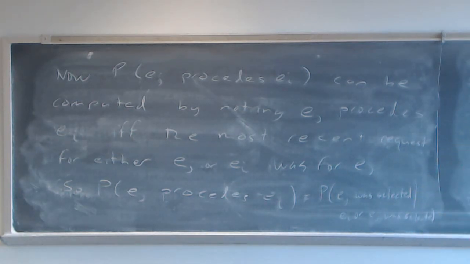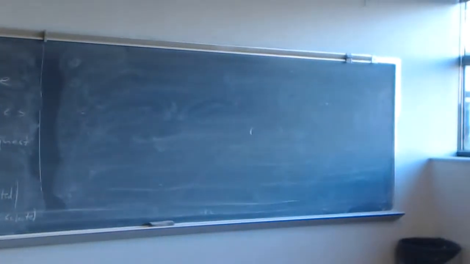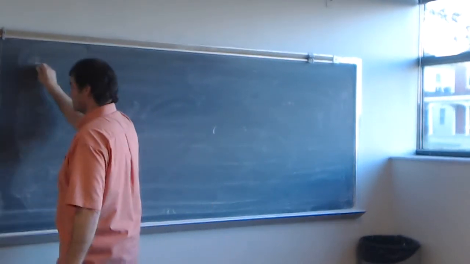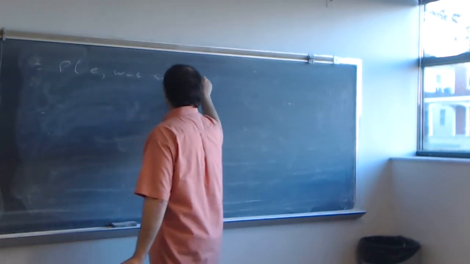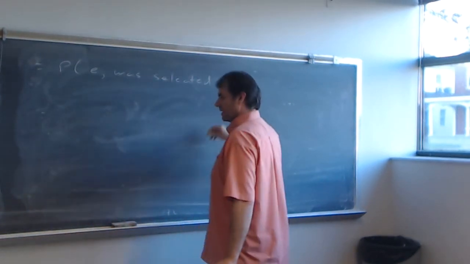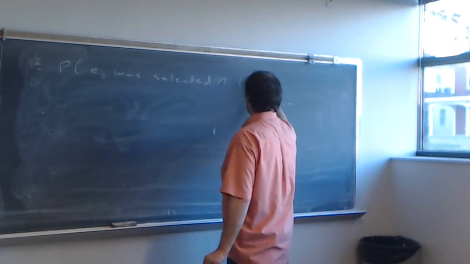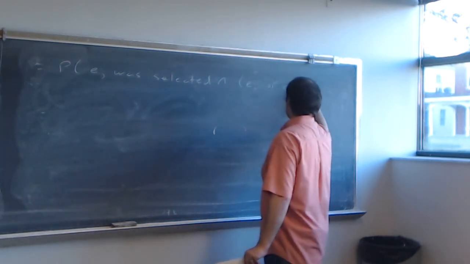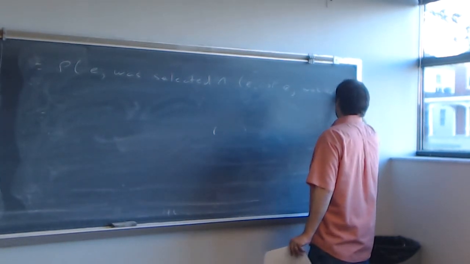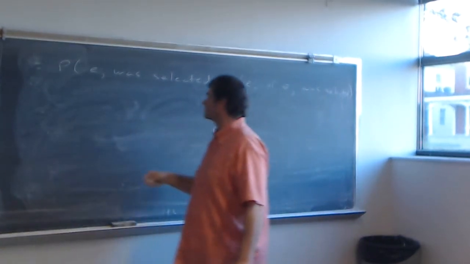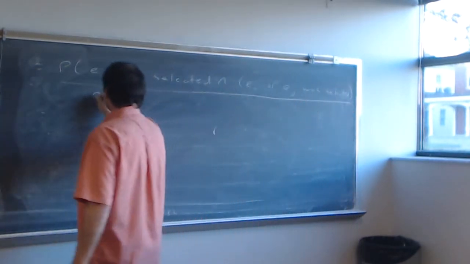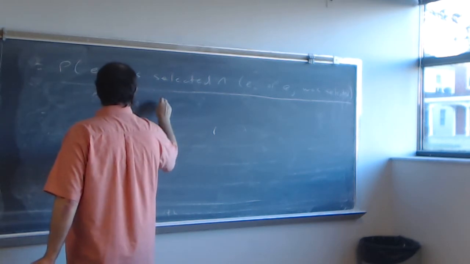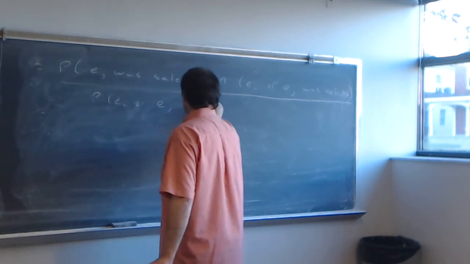Okay, so let's use our definition of conditional probability here. That's equal to the probability that E sub j was selected and E sub i or E sub j was selected over the probability that E sub i or E sub j was selected.